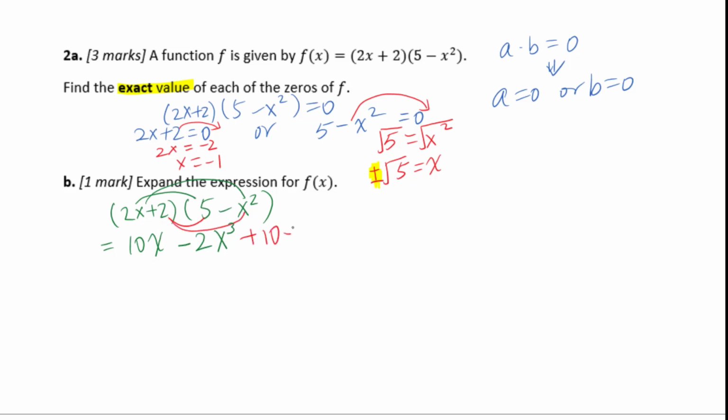Plus 10 minus 2x squared. No like terms to combine. So let's organize: negative 2x to the third power minus 2x squared plus 10x plus 10.